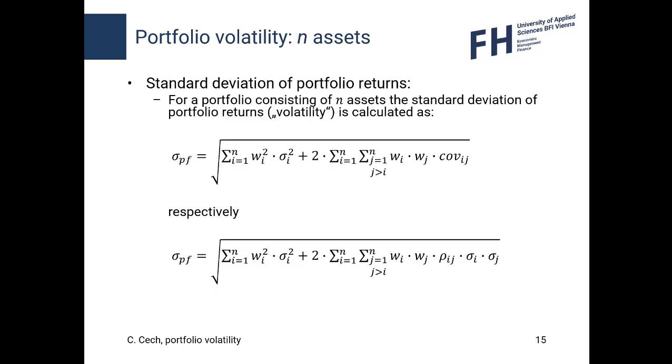Let us now move from the two asset case to the more general case where we say we have a portfolio consisting of n assets, where n can be any positive integer number.